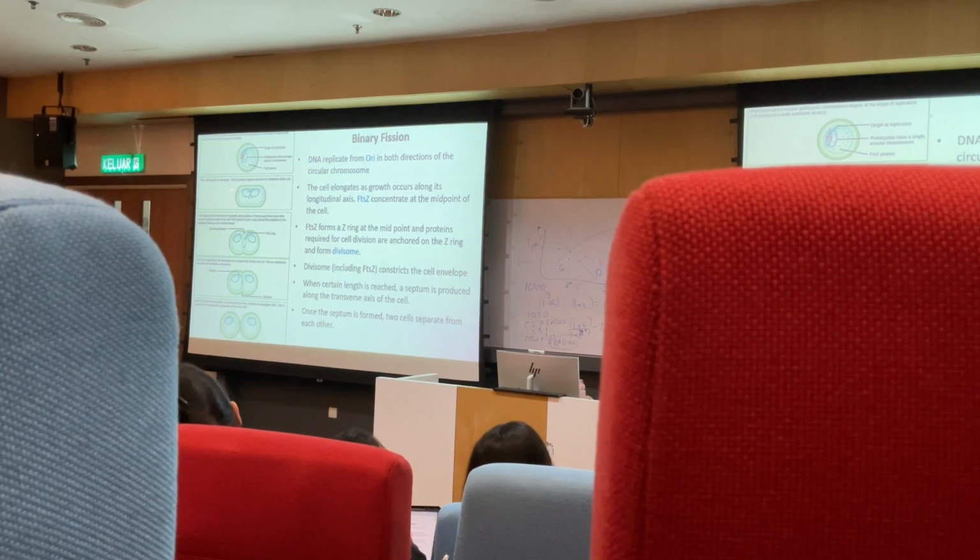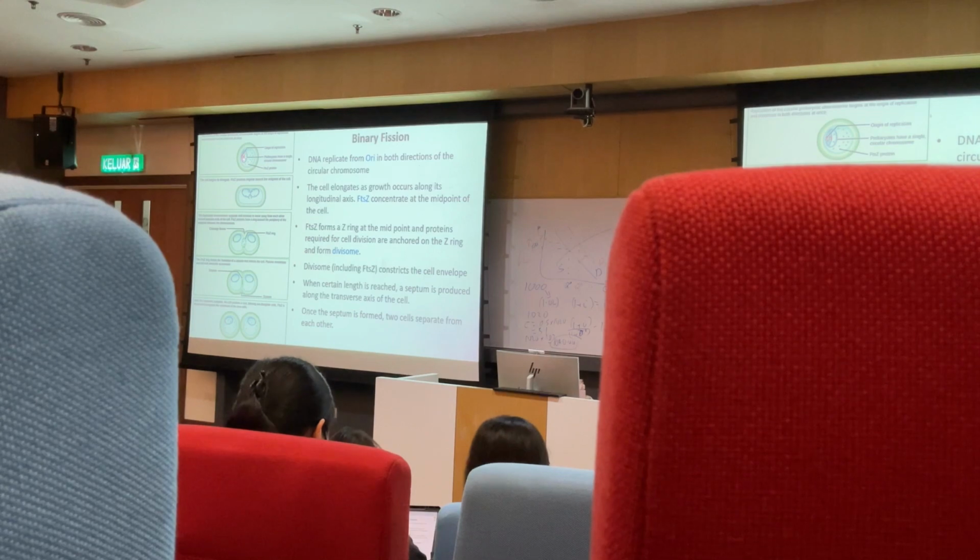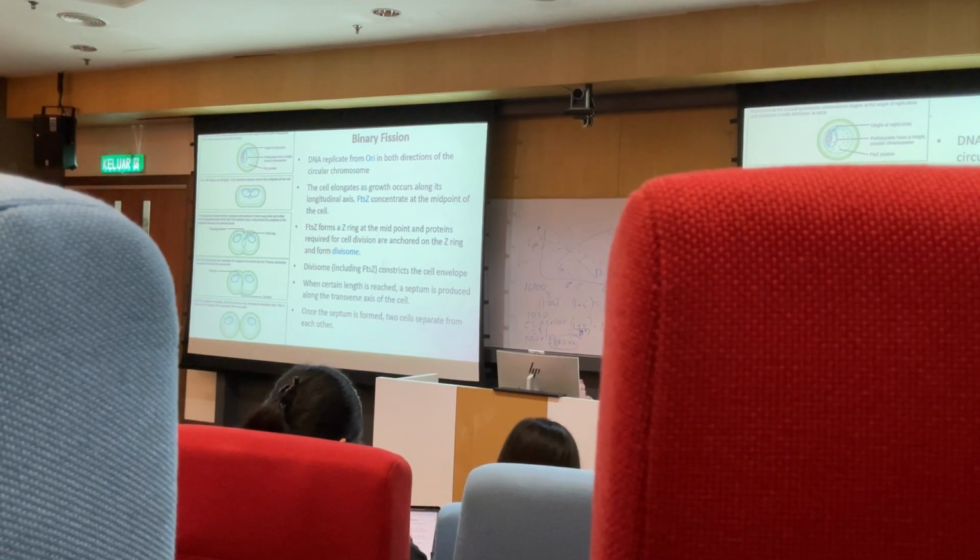Now, during this time, when they start to replicate, you have this FtsZ. FtsZ is like tubulin in eukaryotes, and it starts to be expressed. At this stage they're almost done with replication, so they're separating the two chromosomes.